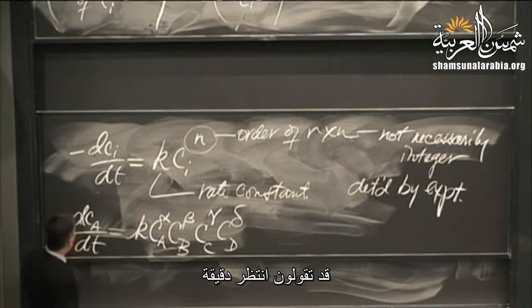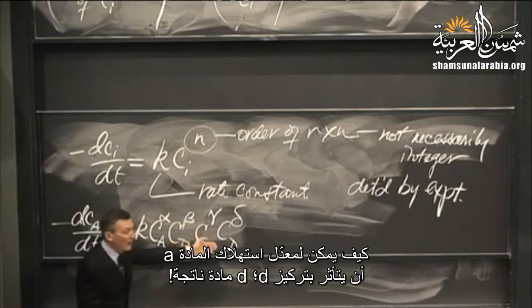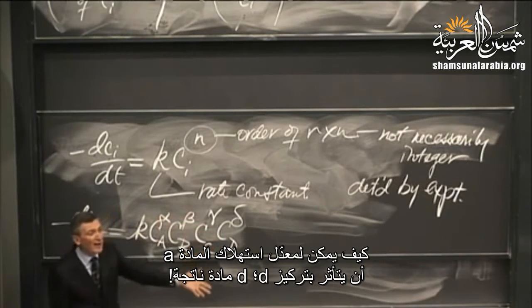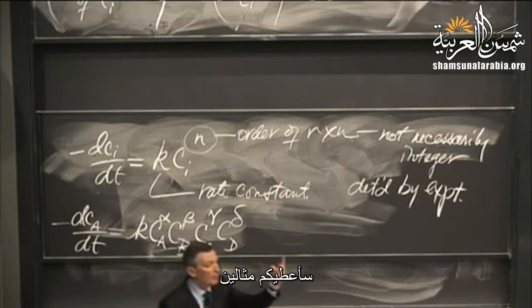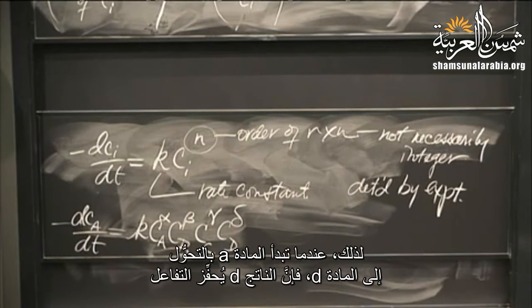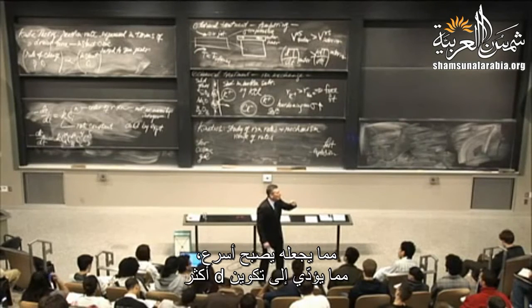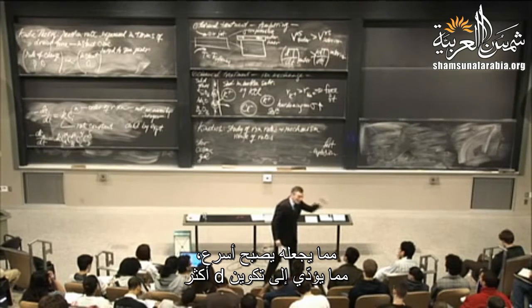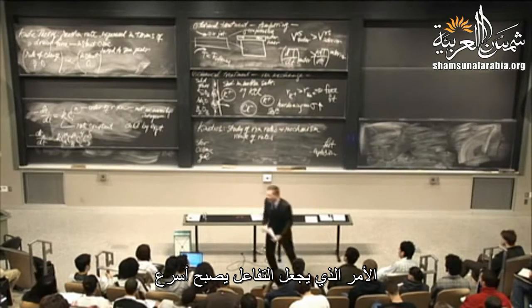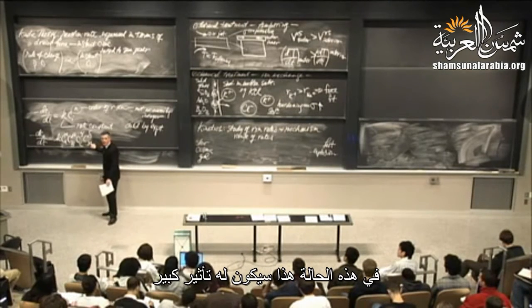And you might say, oh, wait a minute. How can the rate of consumption of A be influenced by the concentration of D? D is a product. I'll give you 2 examples. One is that D happens to have some catalytic value. So when A converts to D, D catalyzes the reaction, which makes it go faster, which makes more D, which makes the reaction go faster, in which case this is going to have a profound effect.